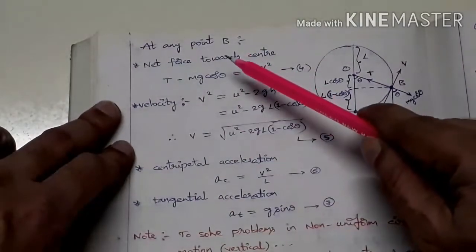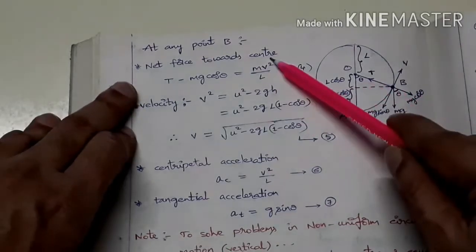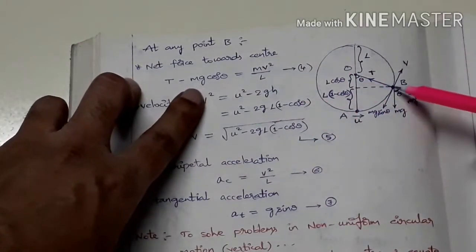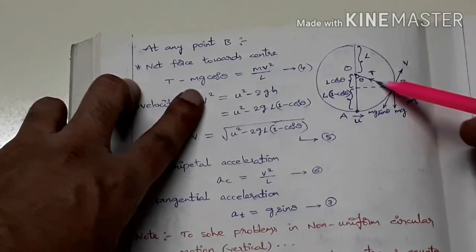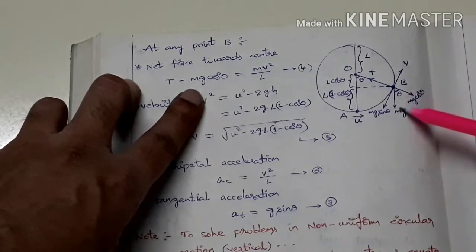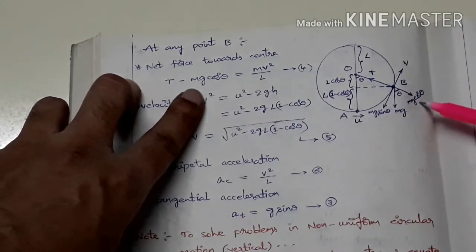See, at any point B, let us consider a point B here. So net force towards center is how much? T minus mg cos theta. See here at point B, what are the forces acting along the tension, along the string? T is acting in this direction, mg is acting. So mg is resolved into two components, mg cos theta and mg sin theta. So mg cos theta is balanced by tension.